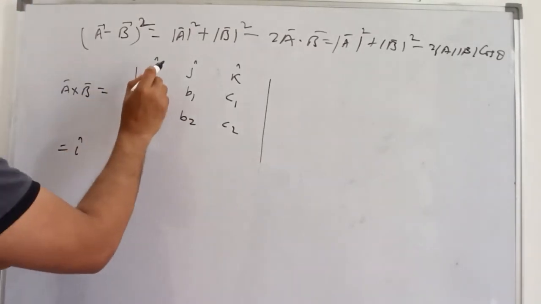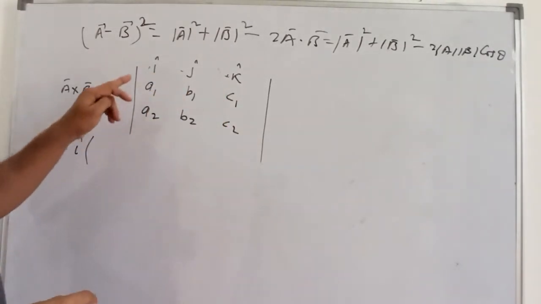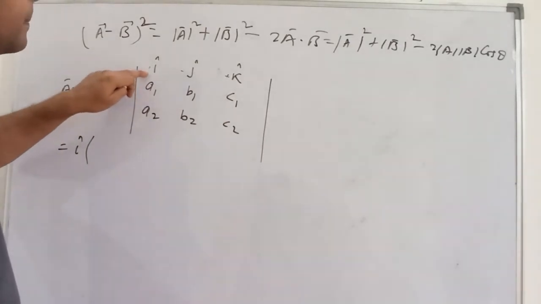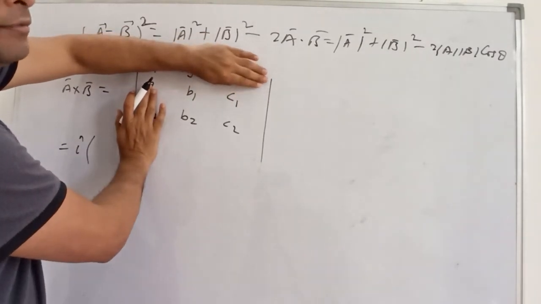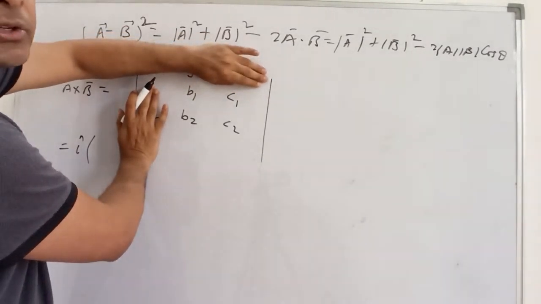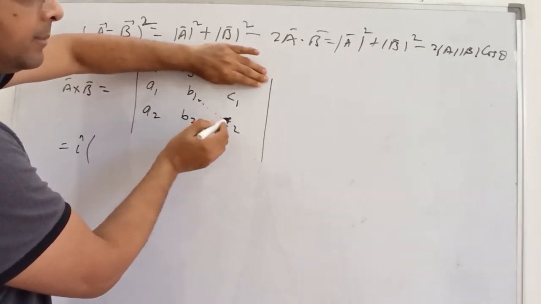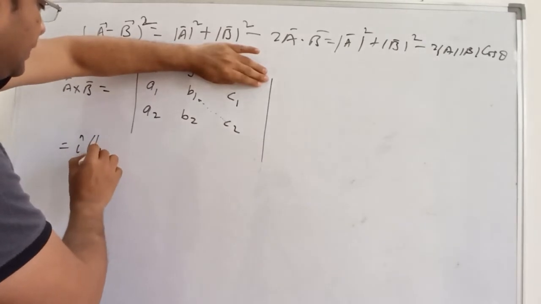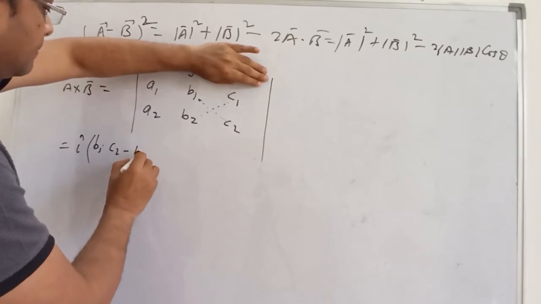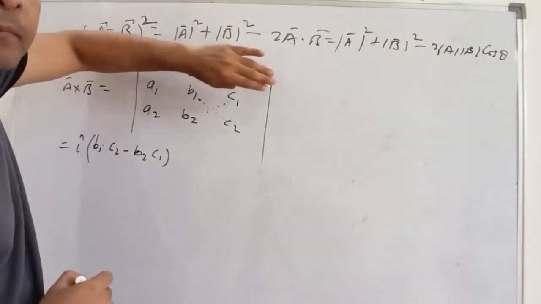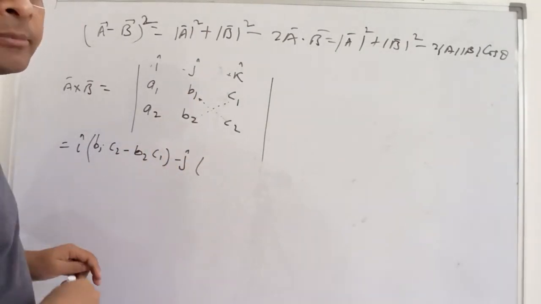We have to expand this using the sign convention, plus, minus and plus. So if you want to expand for i cap, then remove this row and this column. We are left with 4 numbers, B1, C1, B2, C2. So starting from the bottom right, we go to the left side like this. So write B1 into C2 minus B2 into C1.